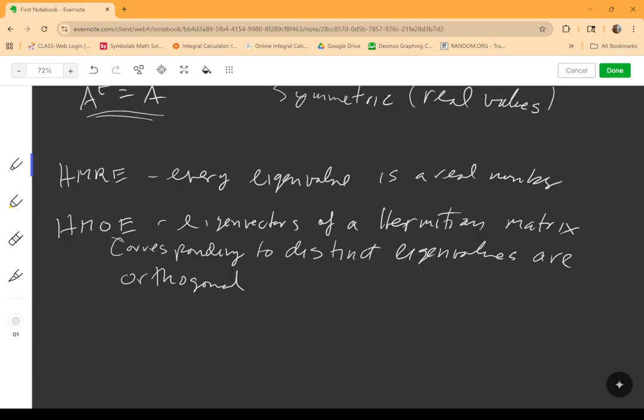So in the next section, we're going to look at diagonal matrices and why they're desirable to work with.